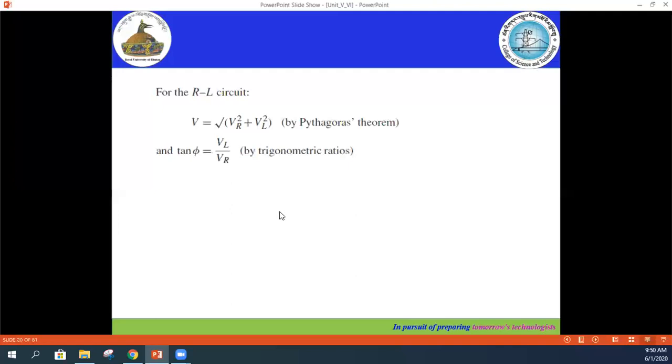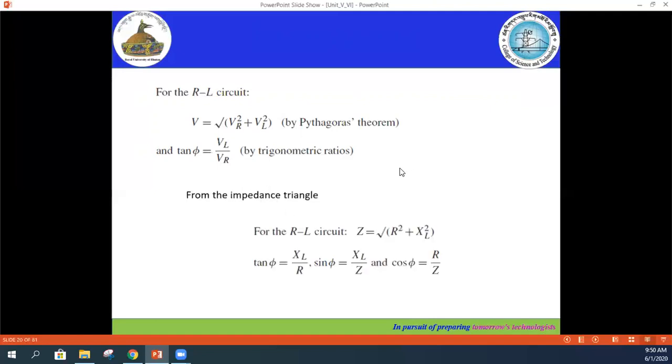From the voltage triangle, if you apply the Pythagoras theorem, the resultant voltage V will be equal to the root of VR squared plus VL squared. To find the phase angle, or the phase difference of the RL circuit, we can calculate tan theta equal to VL by IR. So you can make theta the subject: we take tan inverse of VL by IR, using the trigonometric ratio.